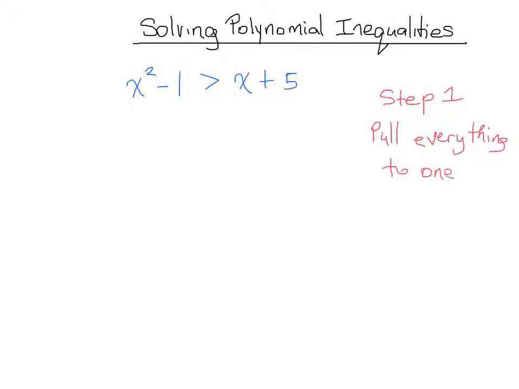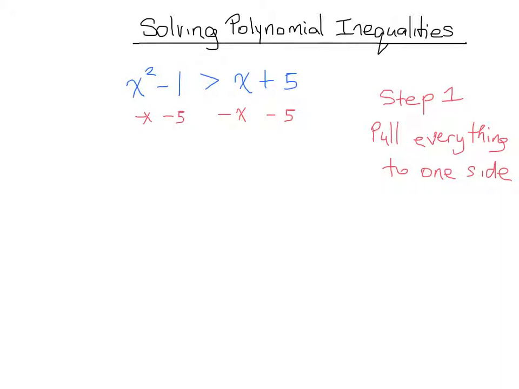All right, cool. How do we do this? Well, we have an x here and a 5 here, so we can go ahead and take the x away from that side and take the 5 away from that side. And as you know, everything you do to one side of an inequality, you have to do to the other side as well. So we're going to take the x away and take the 5 away.